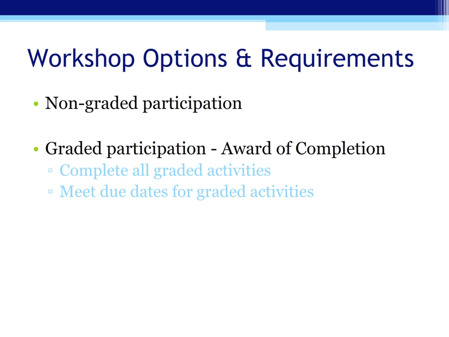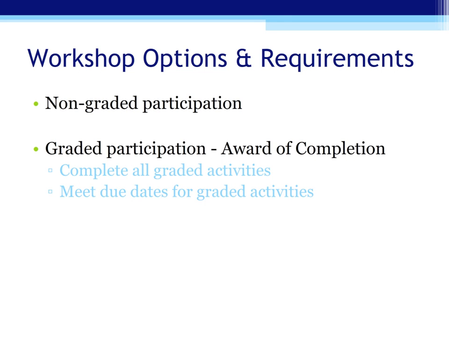To understand the workshop structure, which I will discuss in a minute, you need to understand that our workshops have two options. The non-graded option is for those who don't want or need to receive an award of completion. With this option, you can participate as much or as little as your professional needs and personal desires dictate.